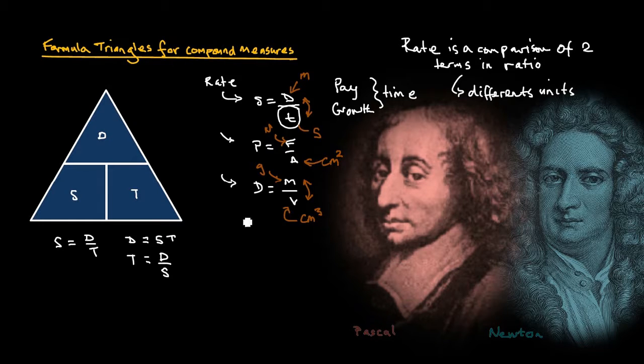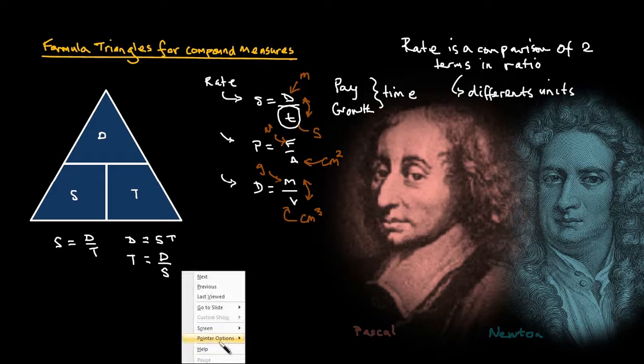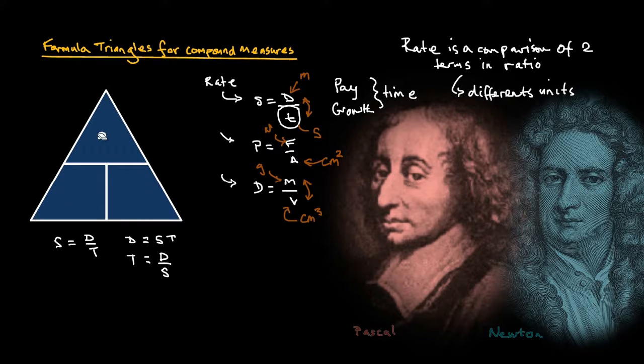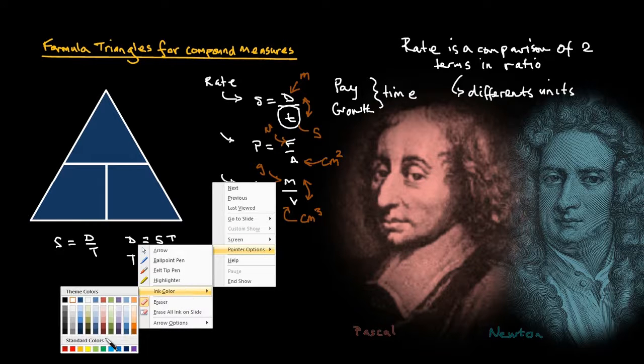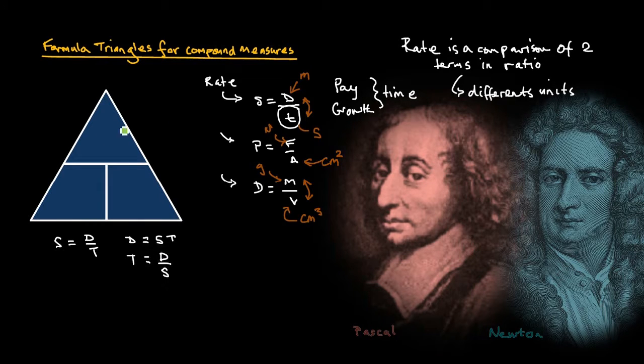You can do the same for pressure. So if we erase these now, let's use a different colour. Okay, so for pressure, we've got force divided by area. So pressure is force divided by area.